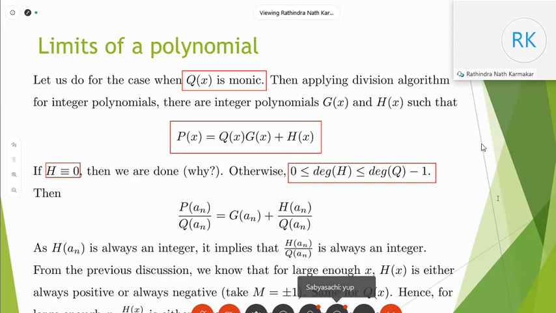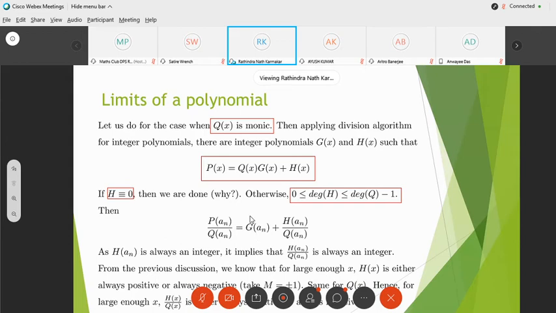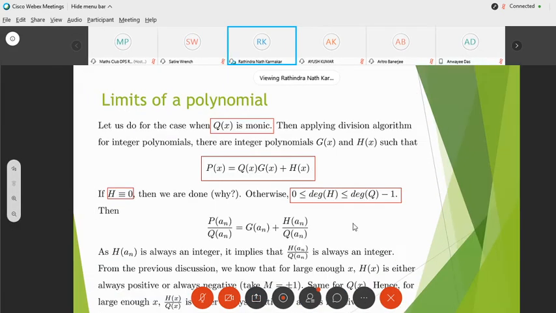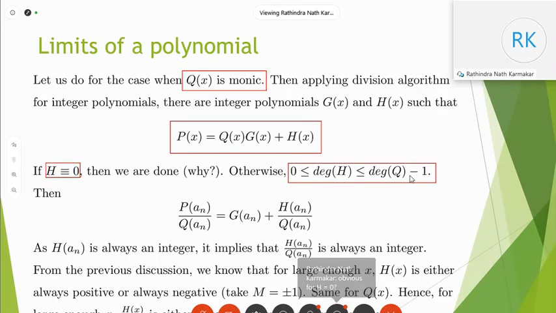Okay. So now tell me, if h is identically 0, then is the solution obvious? What happens for h identically equal to 0?